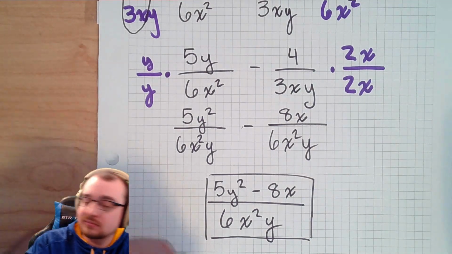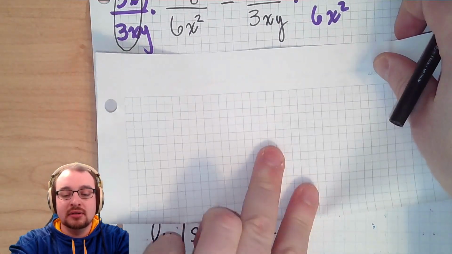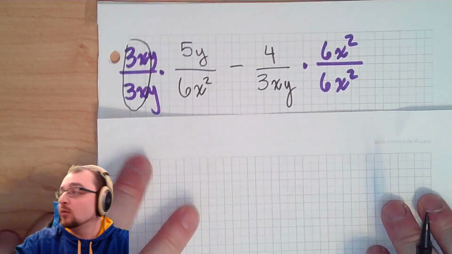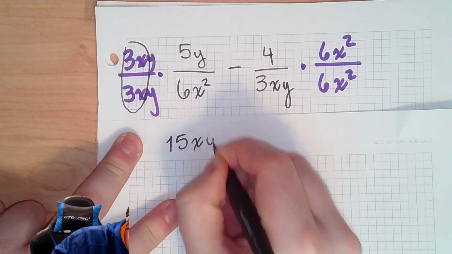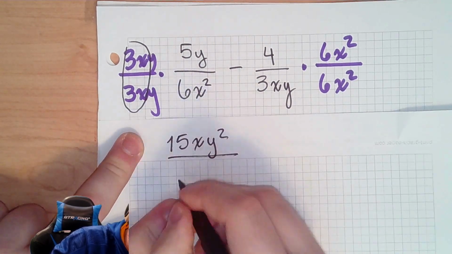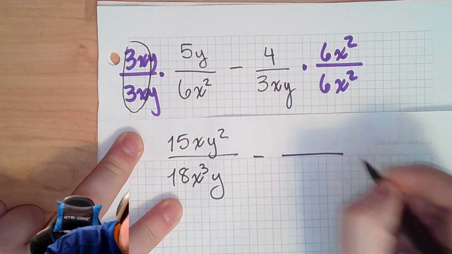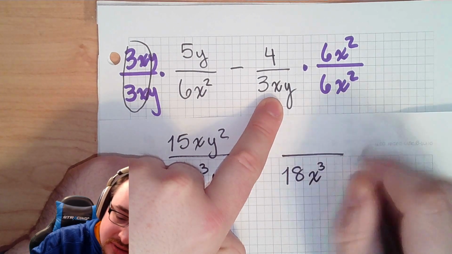That's it. Now, I want to show you what would have happened here, because I know a lot of you guys are a little curious. What would have happened if we just done this? We've got a little bit more work. If I multiply, I get 15xy squared, and here I get 18x cubed y. Over here, I'll also get 18x cubed, x to the third, right?